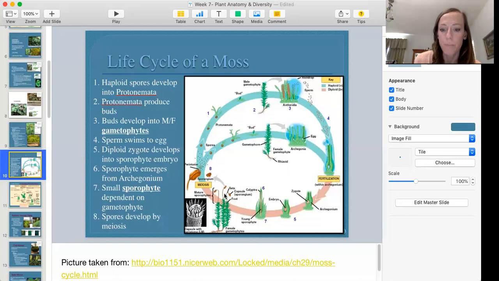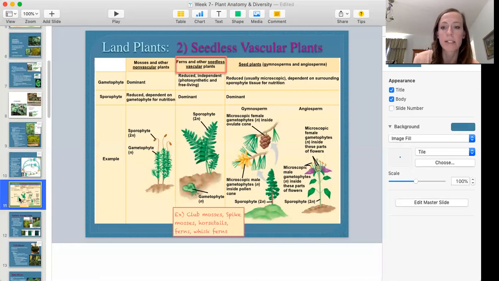Okay. All right, let's move on now and talk about seedless vascular plants. So we're moving up now to the point of divergence on that phylogenetic tree at the beginning of the lecture, where now we have specialized tissue responsible for conducting fluid, water, and sugar throughout the plant. Okay, so that's what the vasculature is.